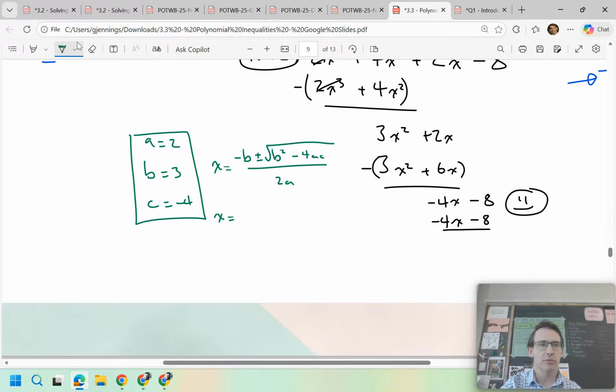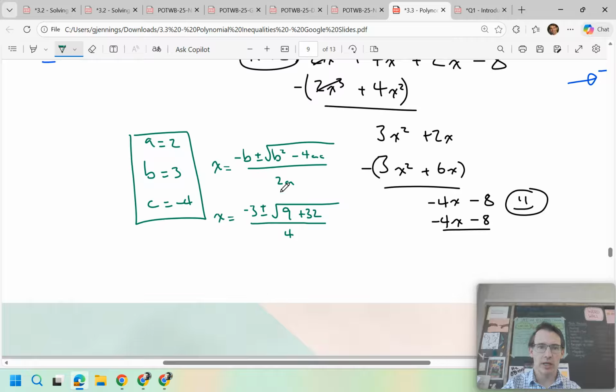x is equal to, this is as small as my pen gets. Okay, so negative b is negative 3, plus or minus the square root of 3 squared is 9, minus 4 times 2 is minus 8, minus 8 times minus 4 is plus 32. Gross. And then we have all of that over 2a, which is 4.